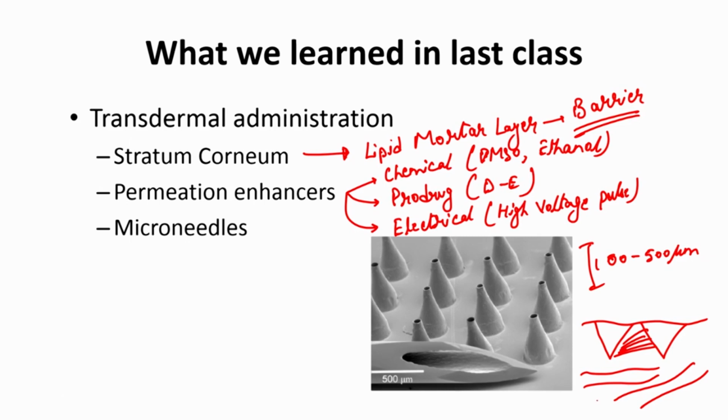And then we also talked about making biodegradable microneedles. What that gives an advantage is, first of all, we can use all kinds of polymers and all kinds of materials rather than being limited to metals.